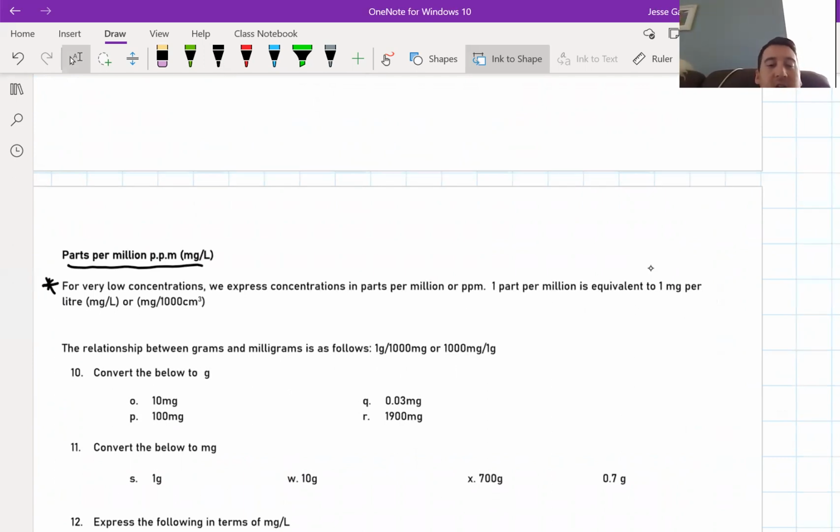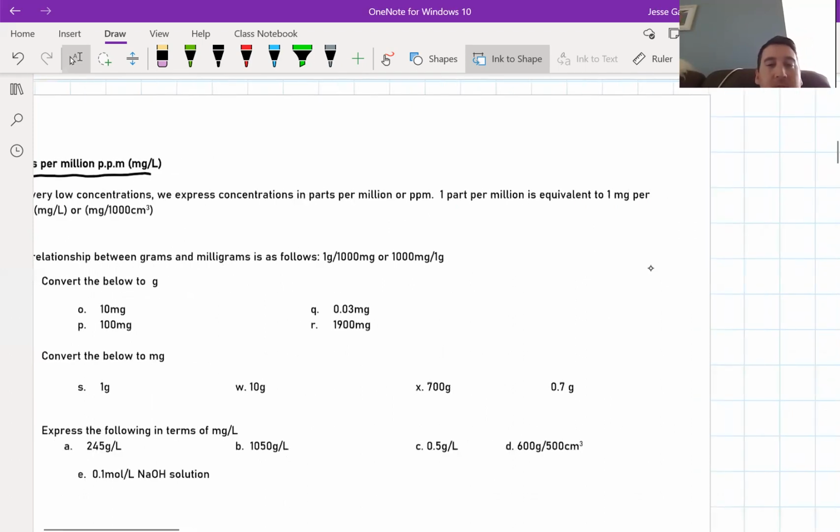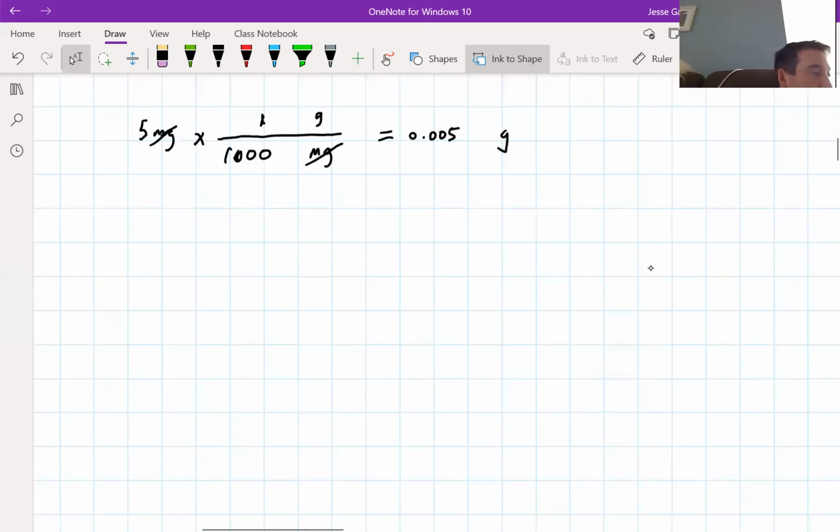The next thing is, we want to express some problems in the form of milligrams per liter. So let's go and again model for you how we can do one of these. The first thing we've got to think about is, what direction are we going? I always like to plan it out. Say we're given grams per liter, most of these problems are going to give you grams per liter, and we have to convert to parts per million.